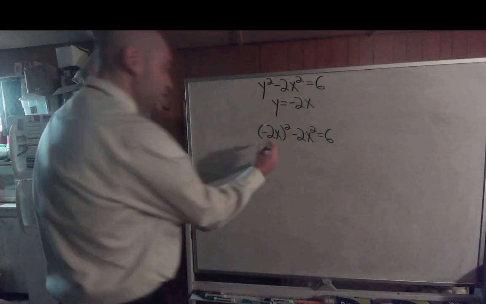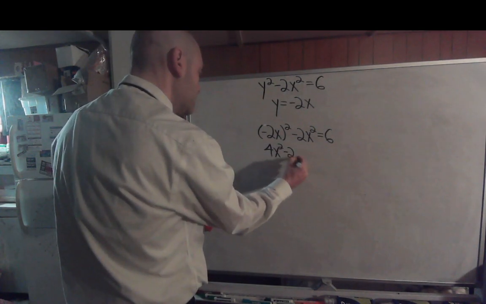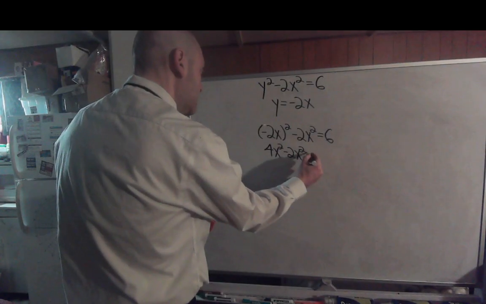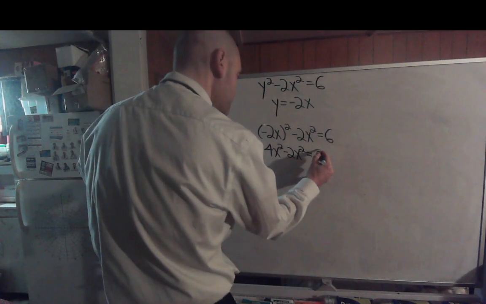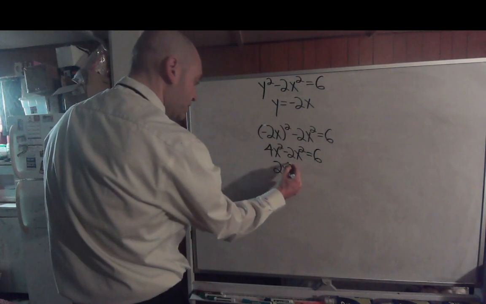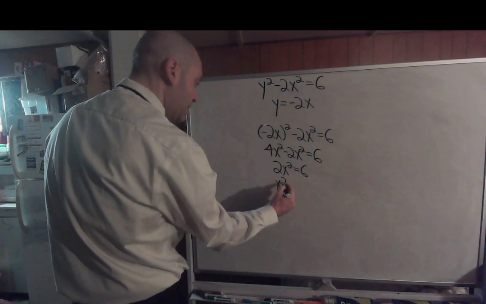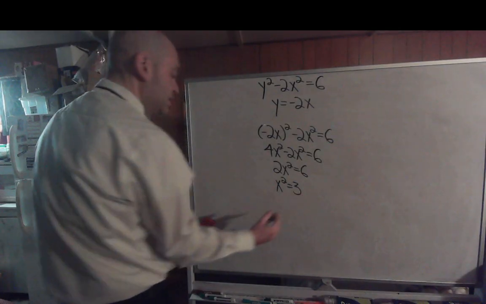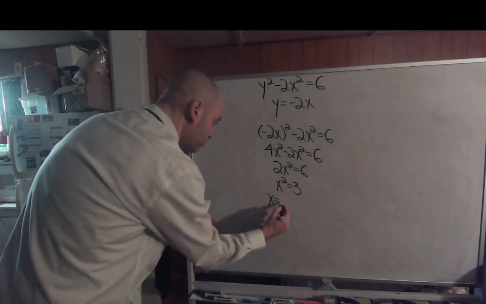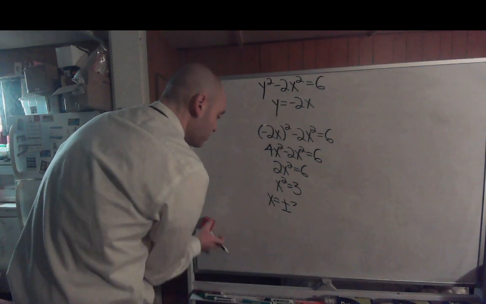So you'll end up getting positive 4x squared minus 2x squared equals 6, which would then give you that 2x squared equals 6, giving you x squared equals 3. So x would equal both plus and minus the square root of 3.